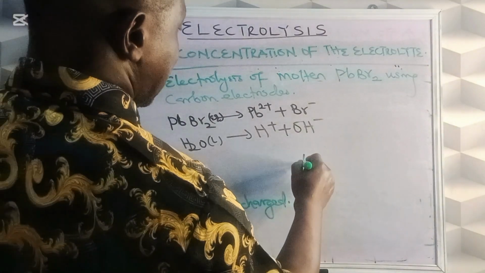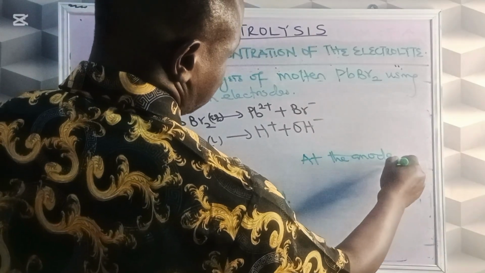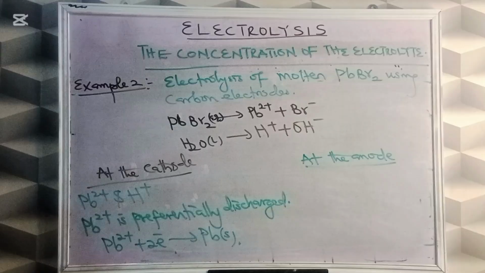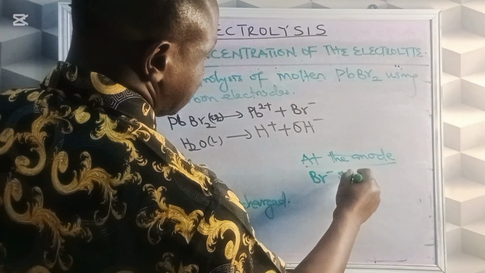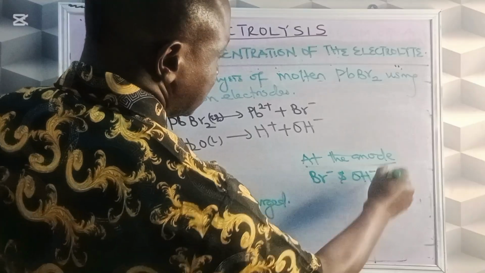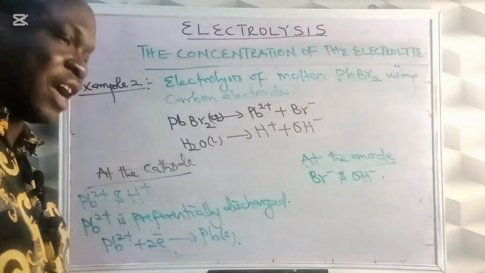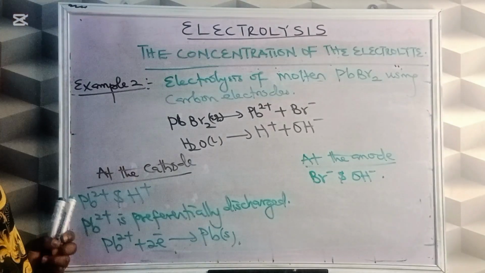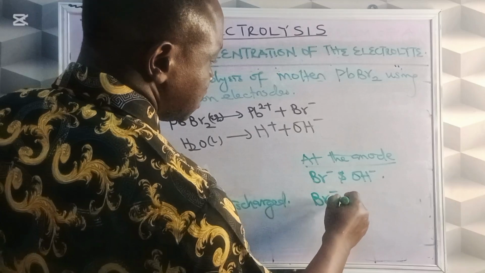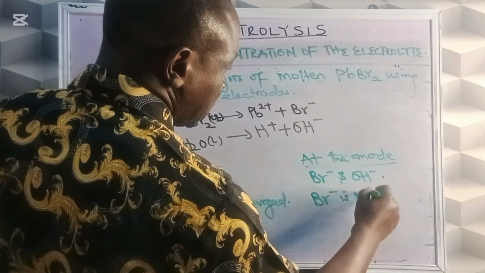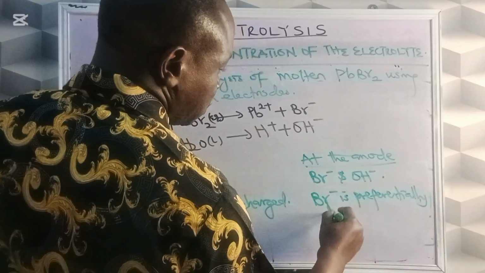Let's see what happens at the anode. Call it the anodic reaction. Bromide and OH minus will migrate. Due to the concentration, the bromide ion is preferentially discharged.